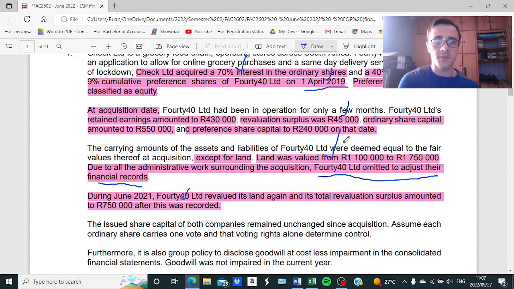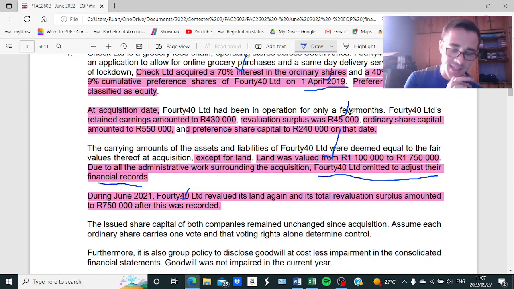So on the 1st of April 2019, we had a balance of 45,000 for revaluation surplus. But then there was another revaluation that occurred on the same date, amounting to 650,000 rand. And we did not account for this in our financial records.